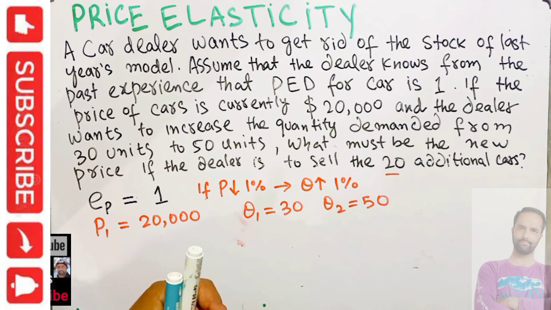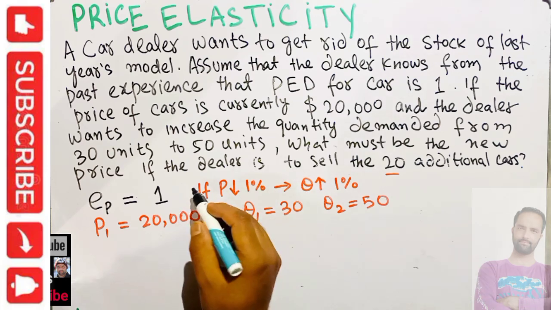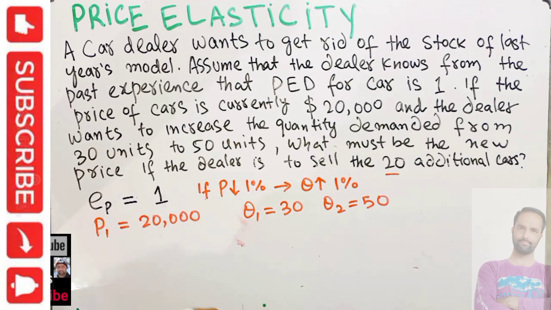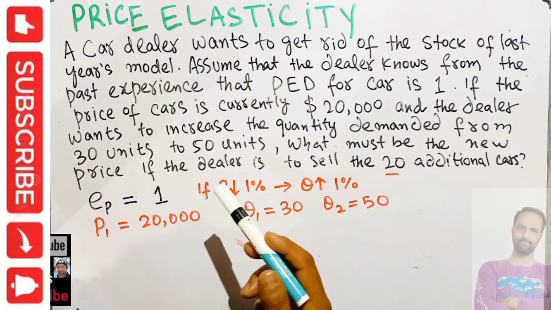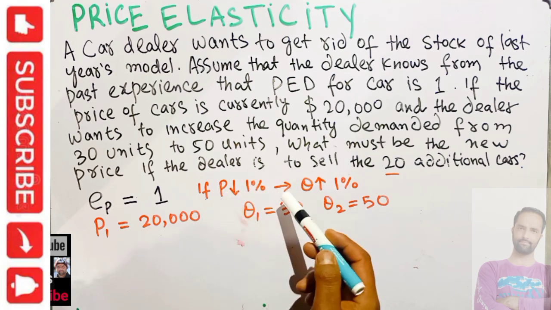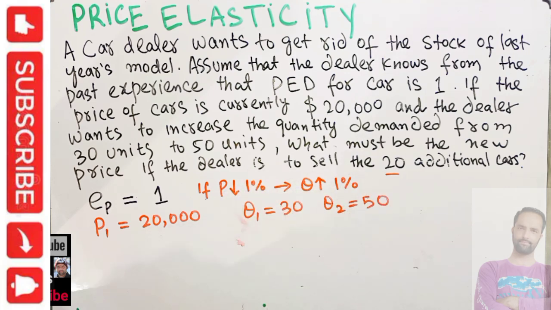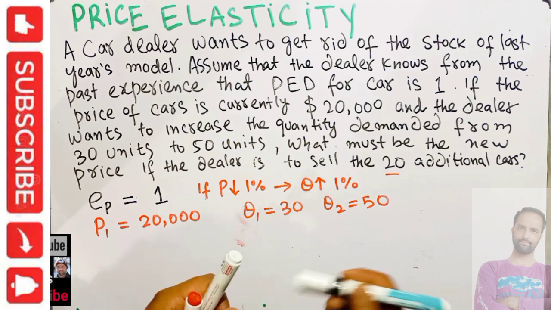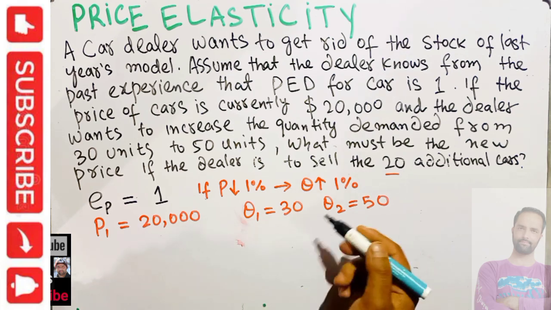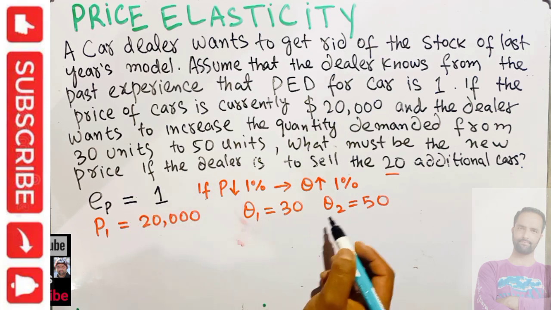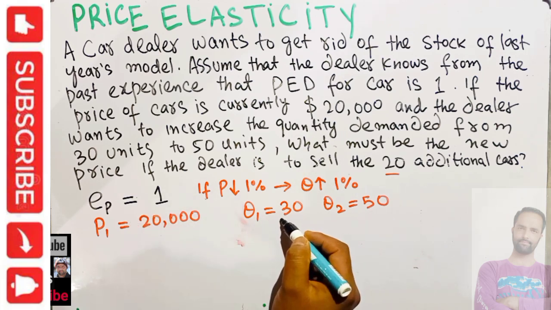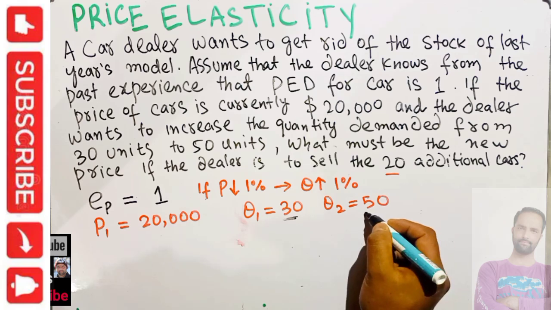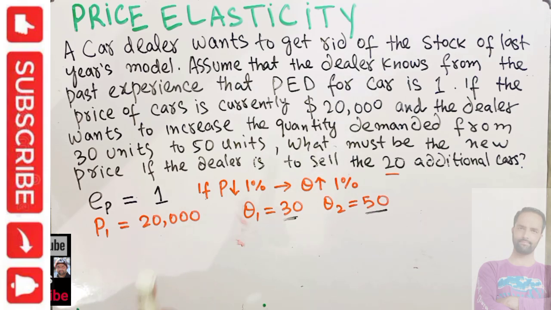There are different ways to solve this. Let us try to figure out some logic here. Since the price elasticity of demand is unitary, a 1% decrease in price will lead to a 1% increase in quantity. Initially our quantity was 30, and we want to increase it to 50. Now what is the percentage increase in quantity demanded?